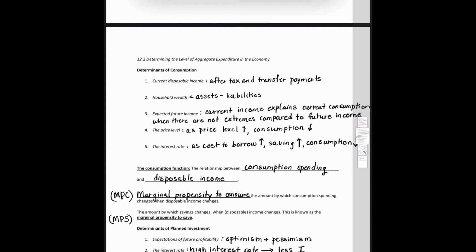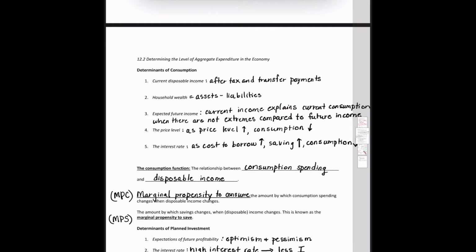To determine consumption, we will look at current disposable income, household wealth, expected future income, price level, and interest rate. Current disposable income was introduced earlier, when we talked about different ways to measure output in the economy.